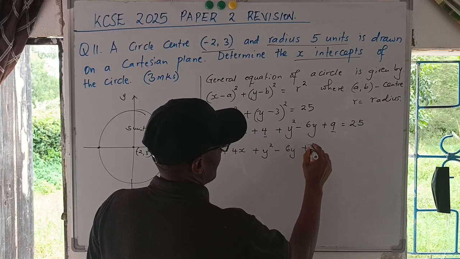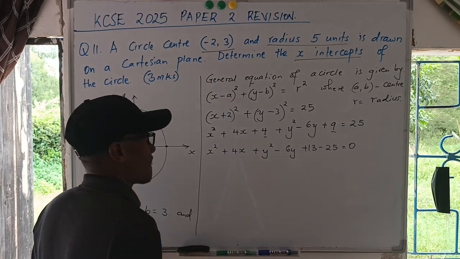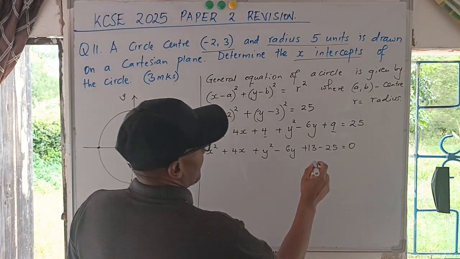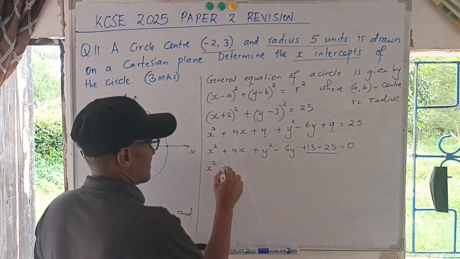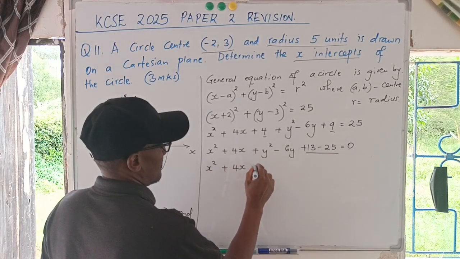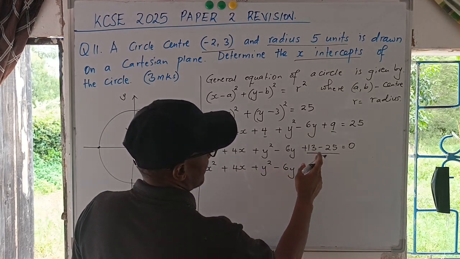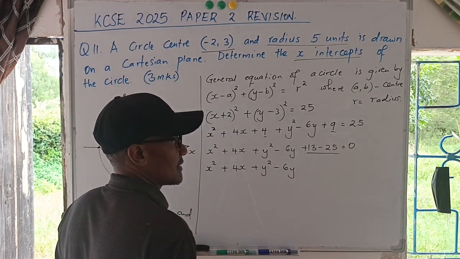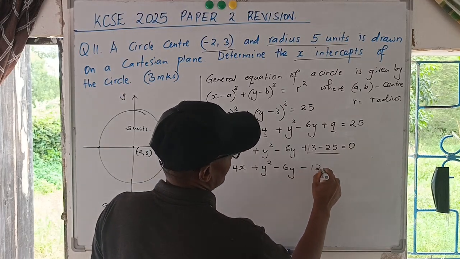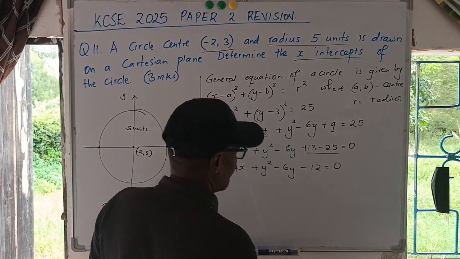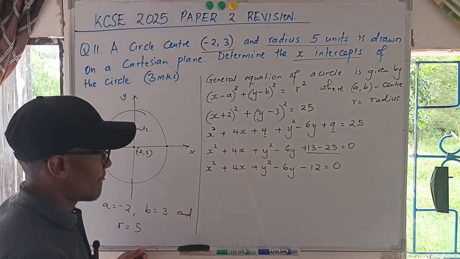So plus 13 minus 25 is equal to 0. Simplifying this part, we get x squared plus 4x plus y squared minus 6y minus 12 is equal to 0. That is now the equation for that circle.